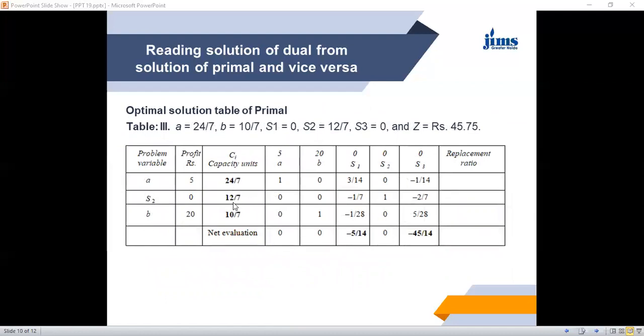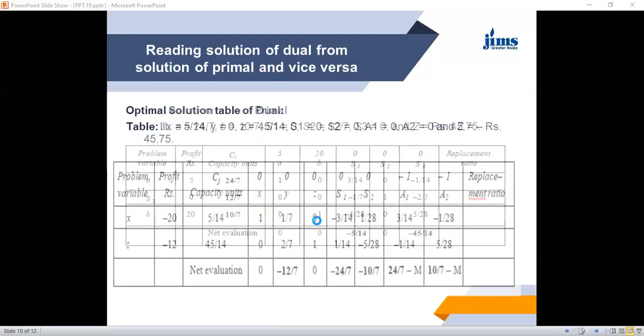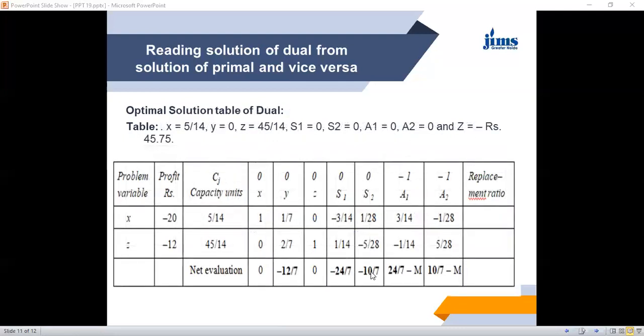S2 does not have any value because this is the slack value. So 24 by 7 and 10 by 7 is the quantity that you can read here. So from the dual you have been able to read the value of the primal, and from the primal you have been able to read the value of the dual.